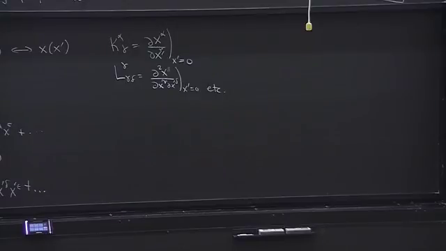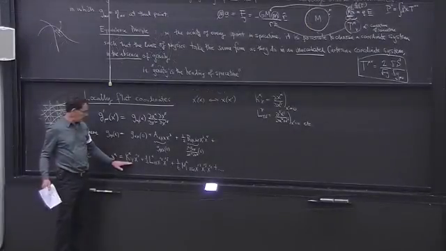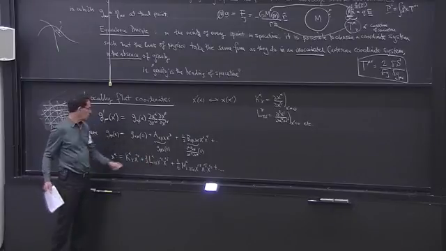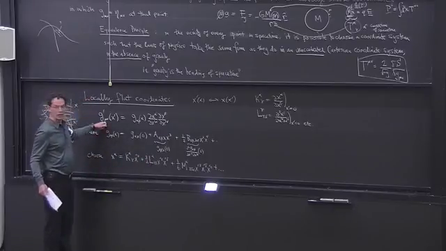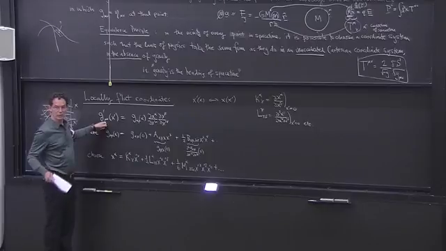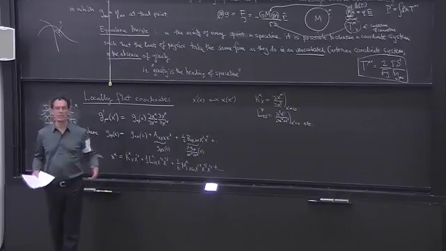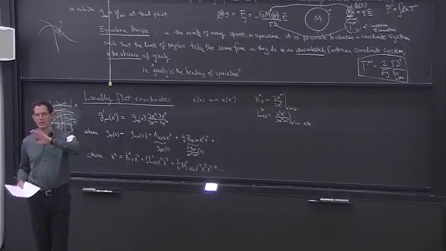Now, the question is, these are completely free parameters. Can I choose these parameters in order that this metric is equal to eta at the point x equals x prime equals 0? And furthermore, I've got lots of parameters. How can I use these parameters to make this metric as close as possible to eta?